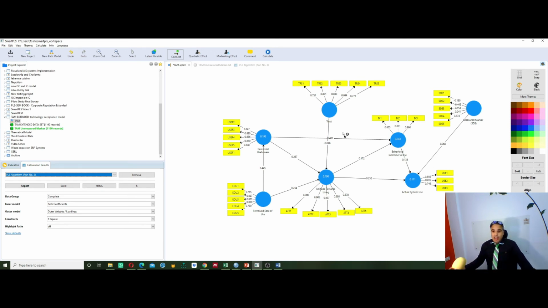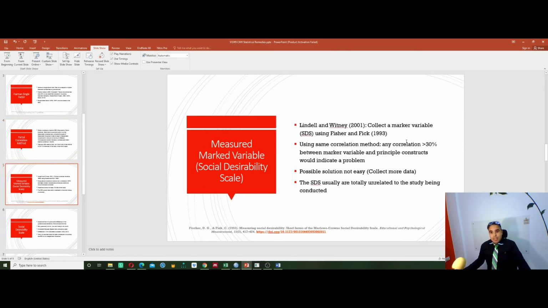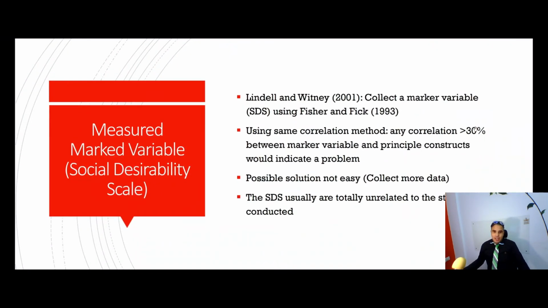Also, we can check for the correlations between marker variable and the principal constructs, and it should not be higher than 30%.